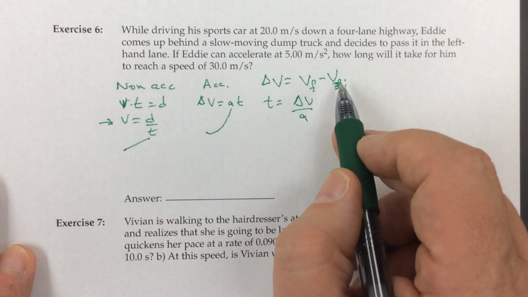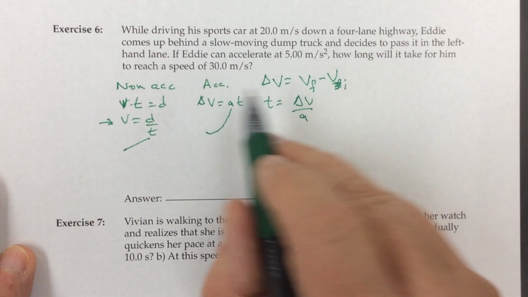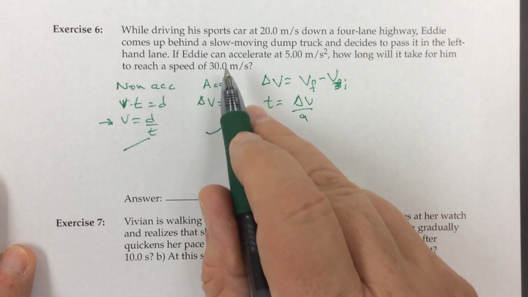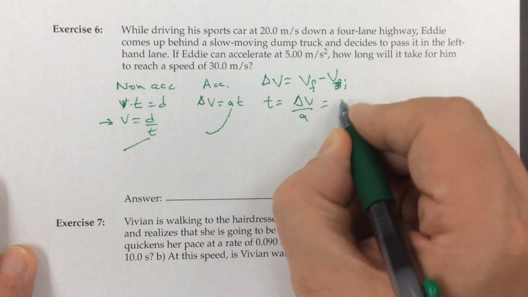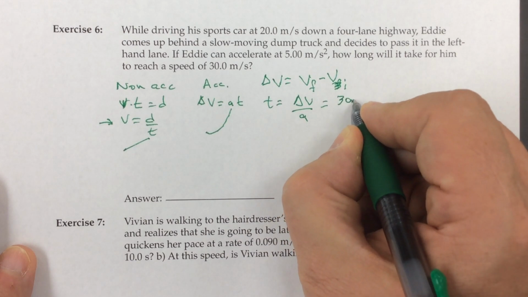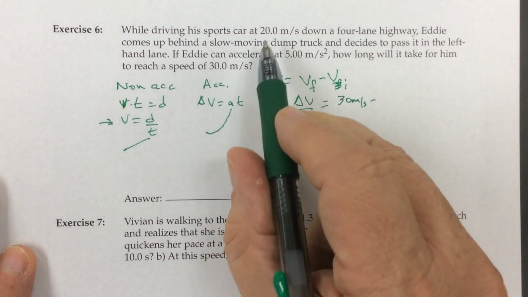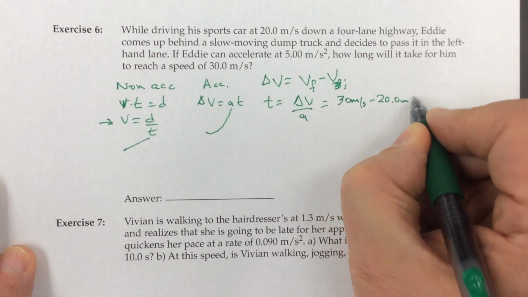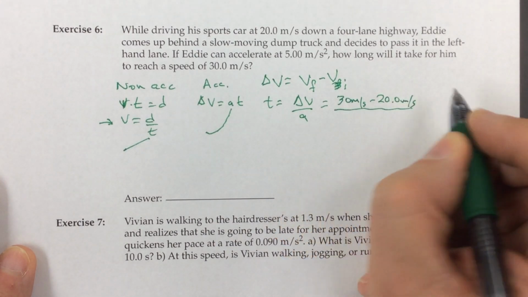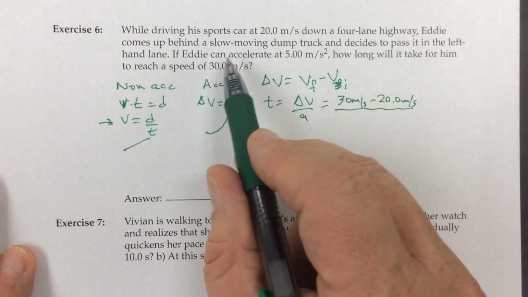All right, so what is my final velocity? I'm going to 30 meters per second. And then what's my initial velocity? 20 meters per second. Okay, so that's going to be 10 divided by a.